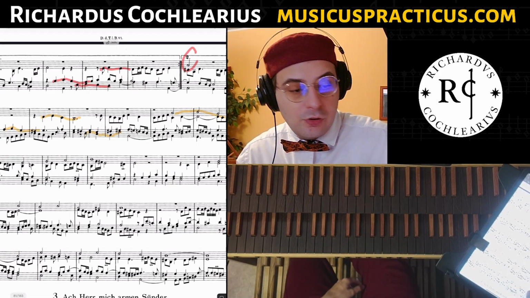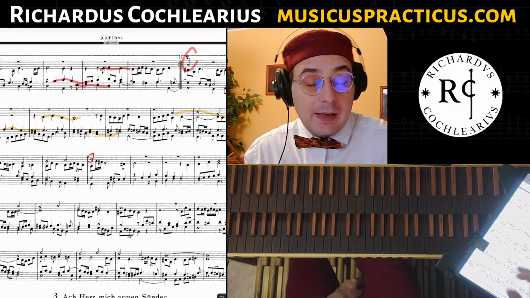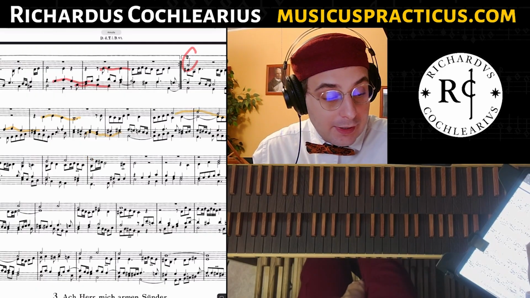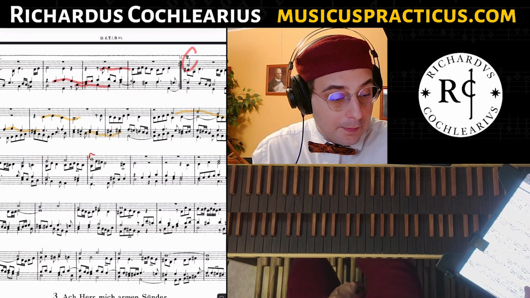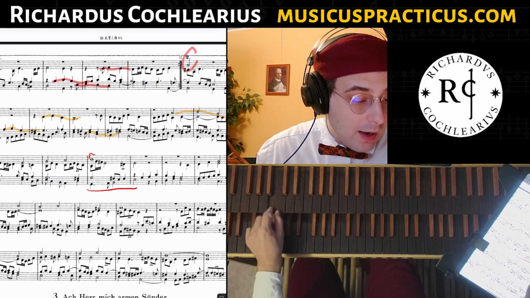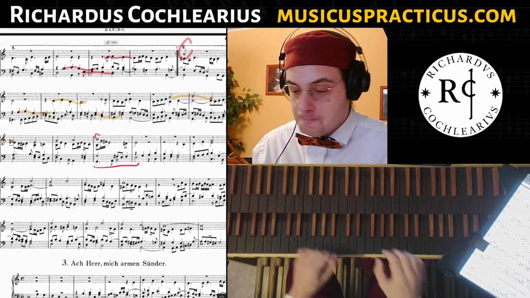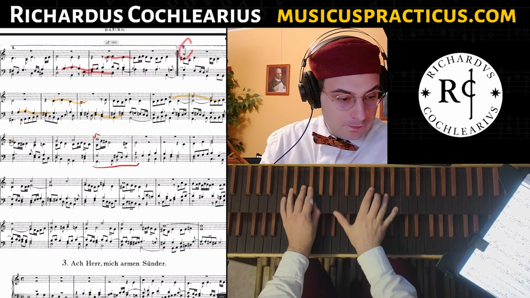Very interesting how this note, the fifth degree, so the last note of the phrase becomes the opportunity to do a double cadence. Sol, la. Cadence to E.